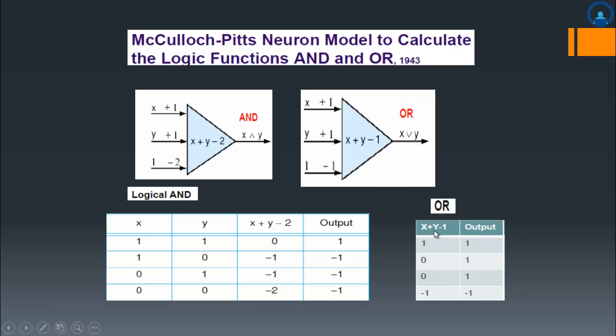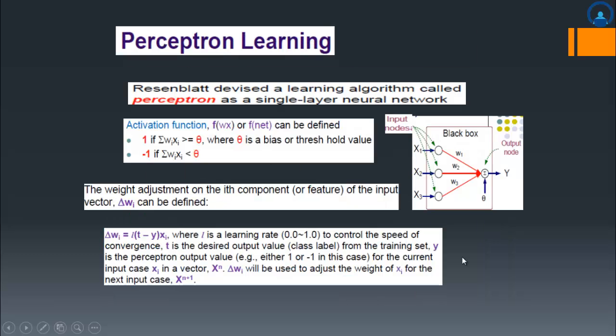If the value of X plus Y minus 1 is less than 0, then the output is -1. If it is 0 or more, then the output is +1. Next we have perceptron learning.